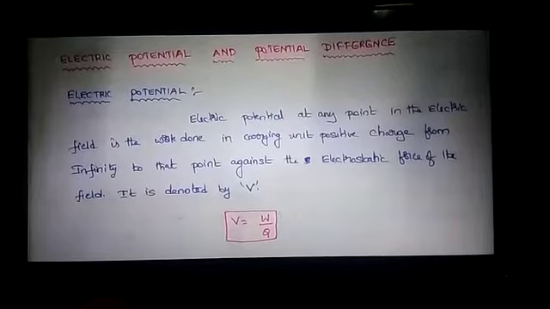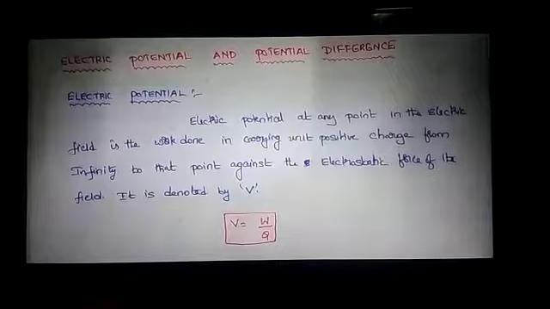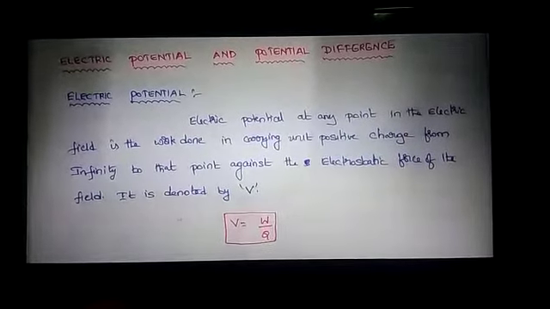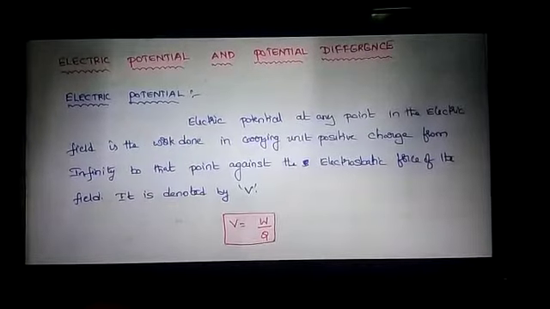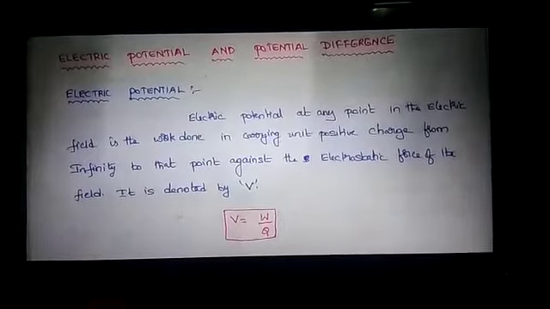Work done means some energy is used, that is, the electrical energy used in carrying a unit positive charge from infinity to that point. That's how we get electric potential.